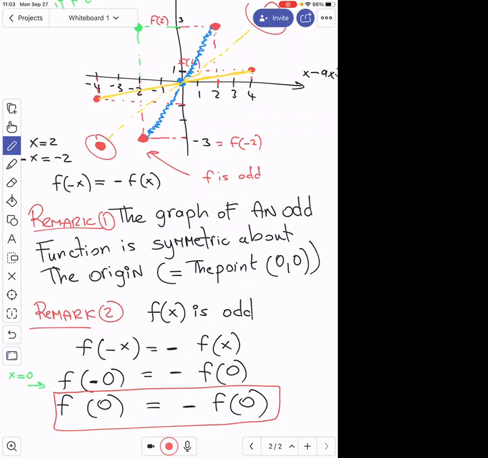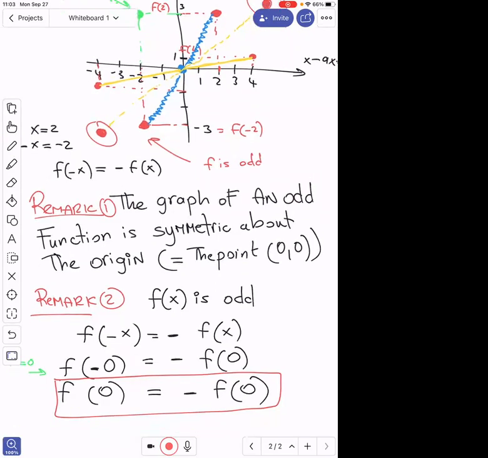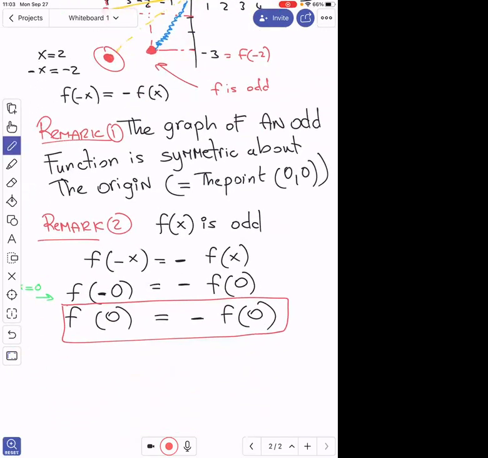That's the only number which is equal to its opposite. So since f of 0 is equal to -f of 0, then f of 0 has to be equal to 0. For odd functions, f of 0 must be equal to 0.